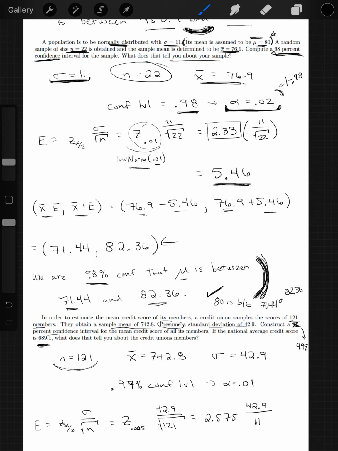So these two statements, mu is between these two numbers and mu is equal to 80, can both be true at the same time. So that tells me that my sample is a good indicative sample. It's a sample that is probably pretty close to telling me what the population is.